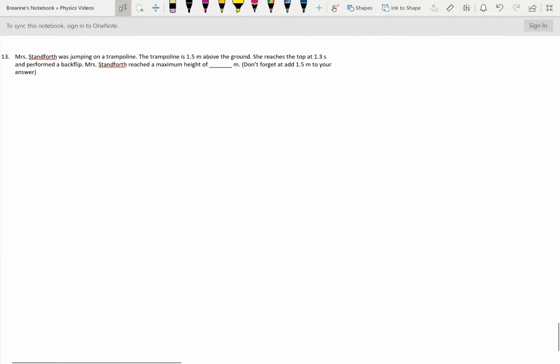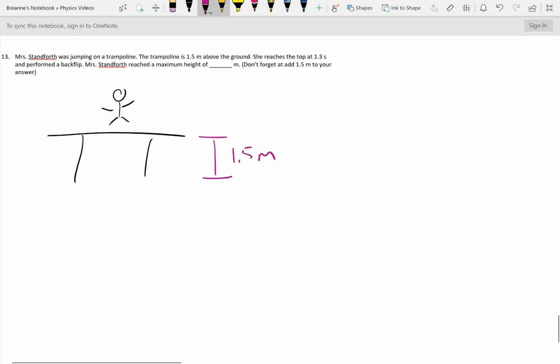Now we're having to add the trampoline. We have Miss Stanforth, and she's jumping. So what that's saying is that is 1.5 meters above the ground. And then she's going to jump, and that is our delta y, not delta x, delta y.